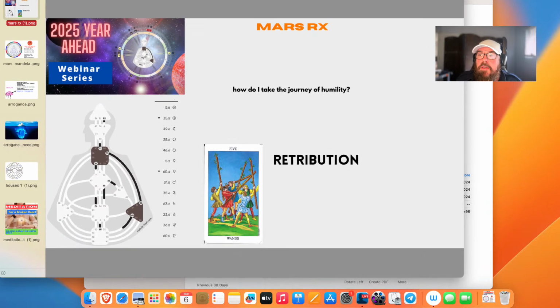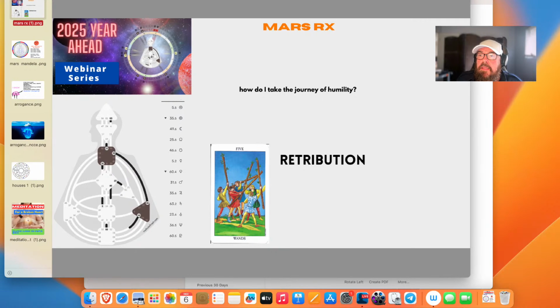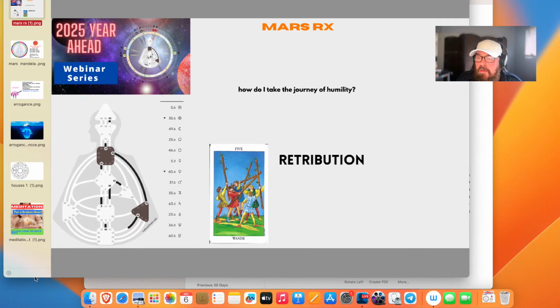So today I want to talk about Mars retrograde, which is officially retrograde now. And I'm actually feeling this energy already. Okay. So this is the chart, the official chart of when Mars went retrograde.